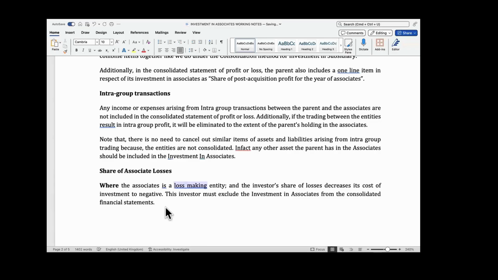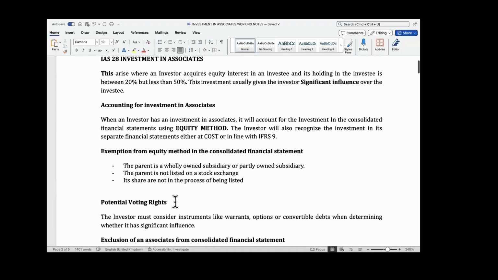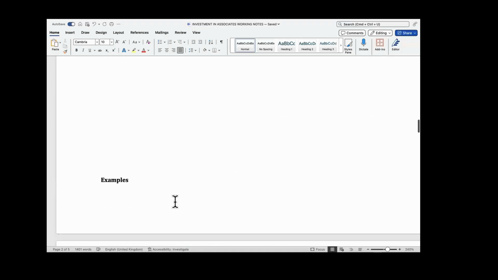So at that point, he excludes it. And that is all. That is the principle for investment in associates.